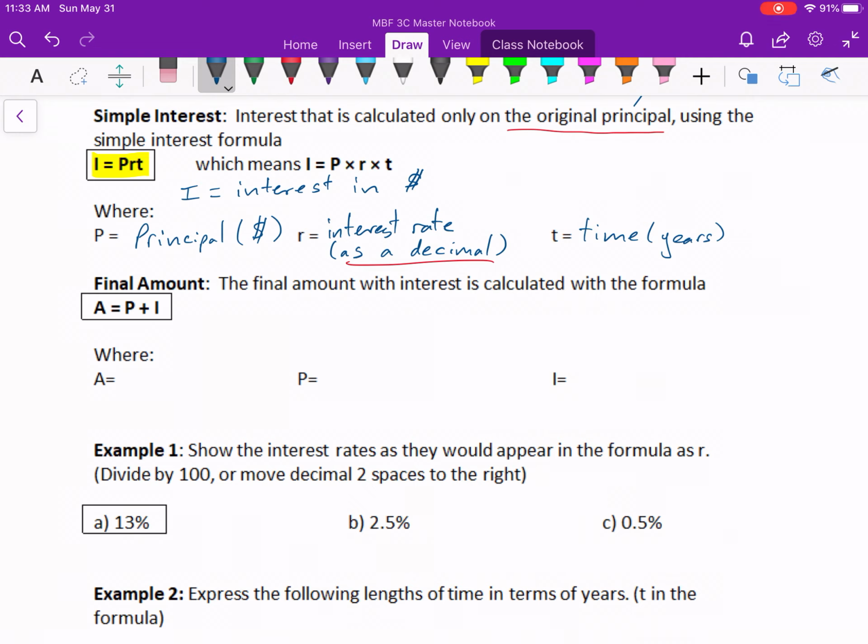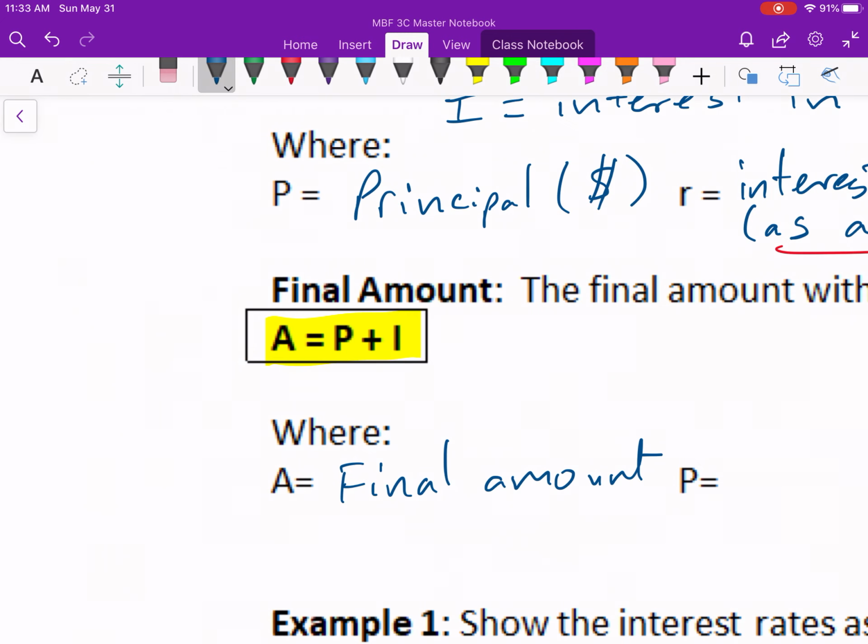And then we have final amount. Final amount is the interest added to the principal. That's literally what this formula stands for. So A is final amount. And if we look back at the formula I've highlighted, A equals P plus I. Remember, P is the principal, so that's the $100 we took to the bank.